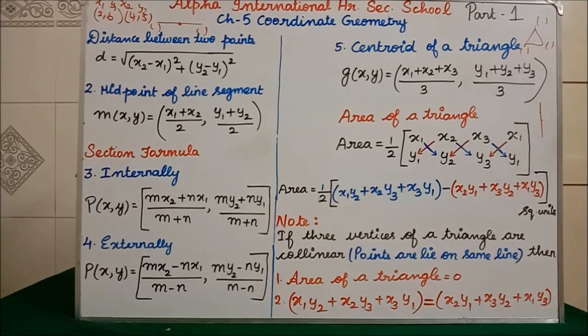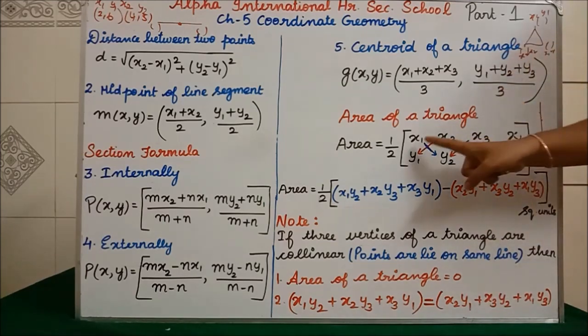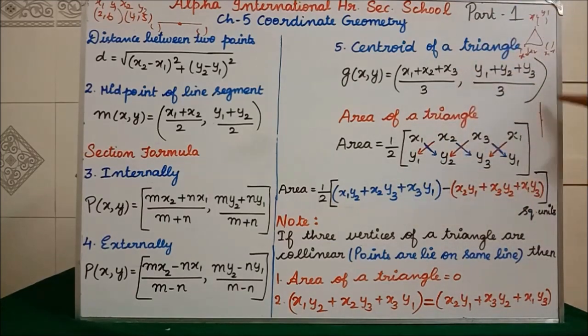You will get 3 vertices here, here, here. Suppose you consider here x1, y1, x2, y2, x3, y3. So we write x1, y1, x2, y2, x3, y3, and one more time the first vertex again, x1, y1.